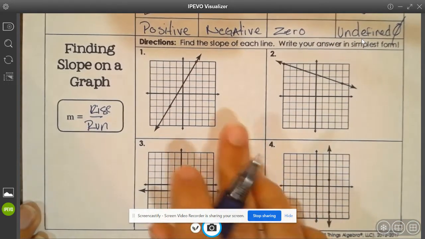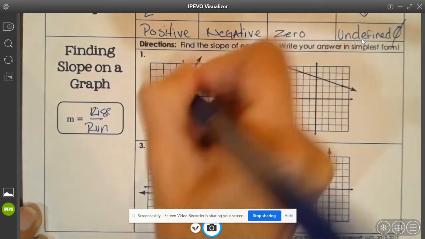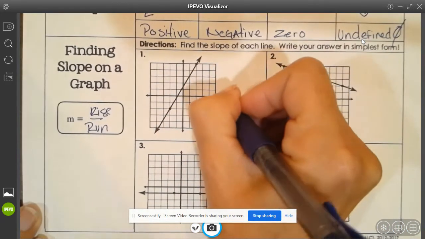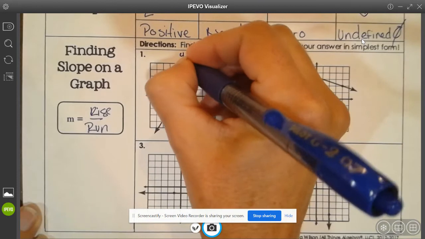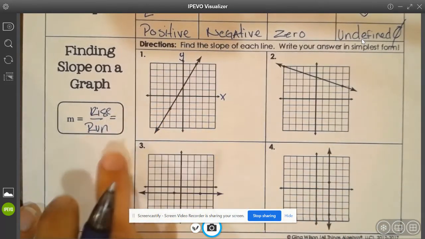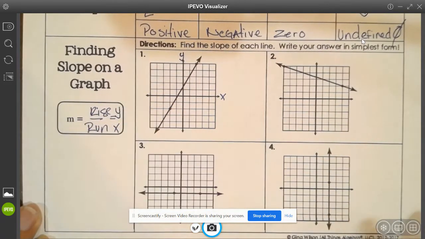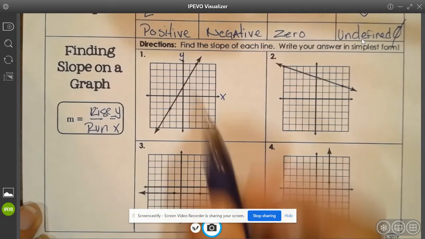Rise meaning up and down, run meaning left to right. So remember, in these graphs, this is going to be x and this is going to be y. Meaning that your y goes on top and your x goes on the bottom. So that's how we're going to look at it.